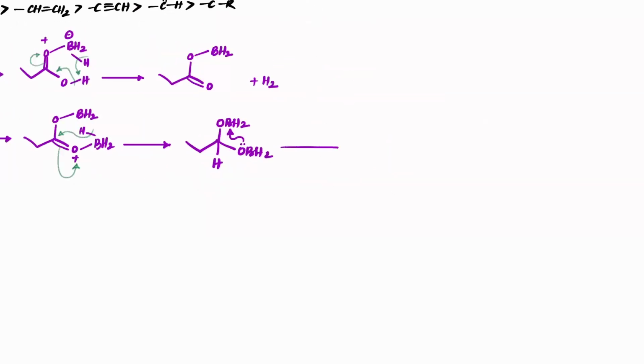You will see some kind of a four-member ring formation observed here like this with oxygen and boron, and this oxygen and boron having BH2 with plus, and here we have BH2 with minus. Okay. So of course, boron having negative charge is an advantage to this oxygen. So oxygen will try to break a bond, bring it back into a double bond, and this bond will break. Got it? This bond will break.